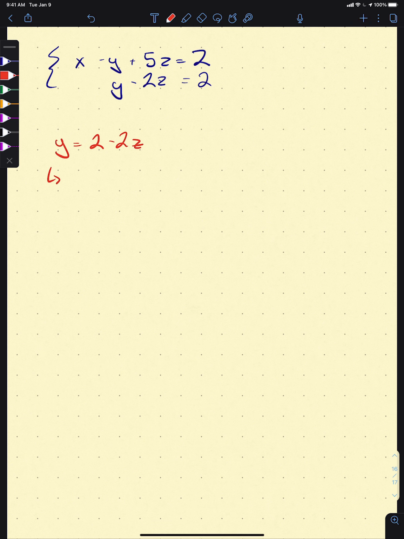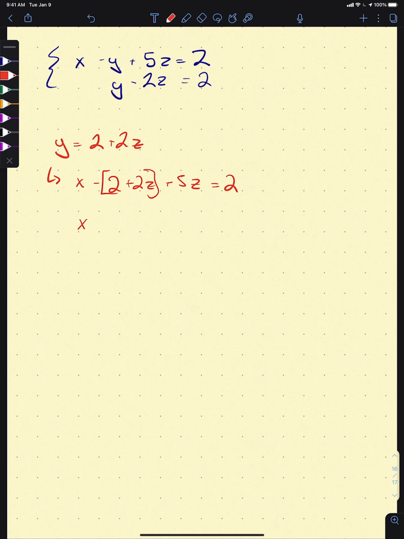So that means that x minus (2 plus 2z) plus 5z equals 2, right? This should be plus, sorry, but then that should be in brackets, okay?